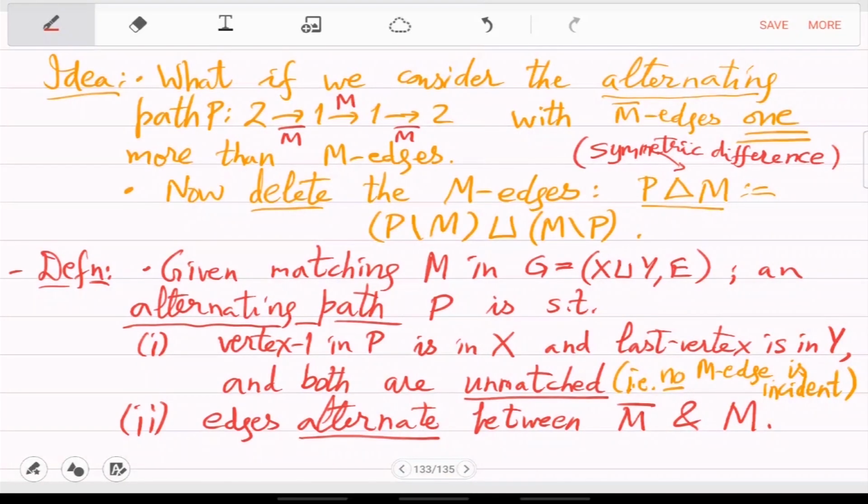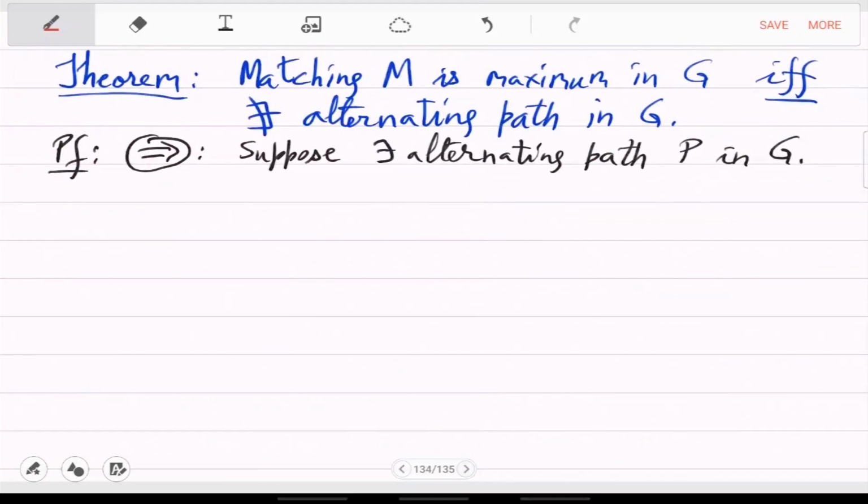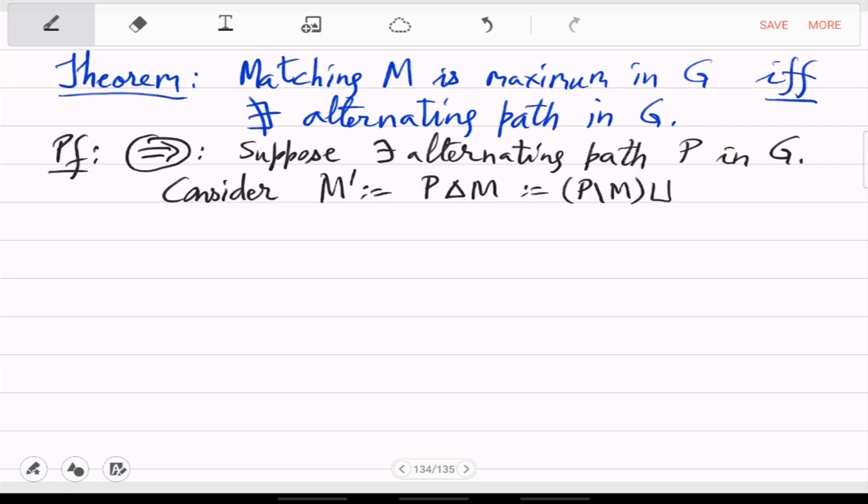Using the symmetric difference of the path with the matching M, what do you get? Let's check that. Consider M prime, which is P symmetric difference M, which, recall we have defined it as P minus M union M minus P. So what is this M prime?